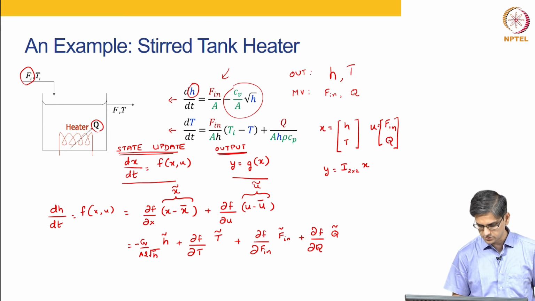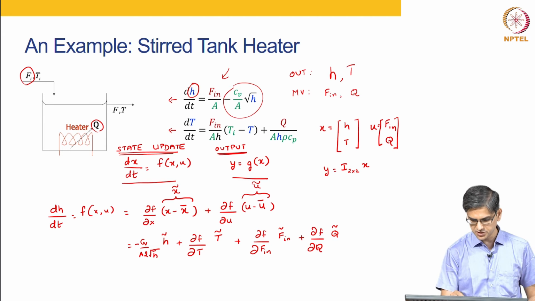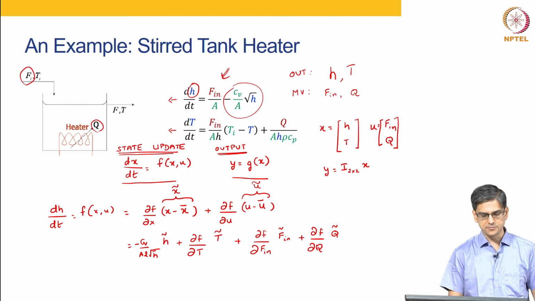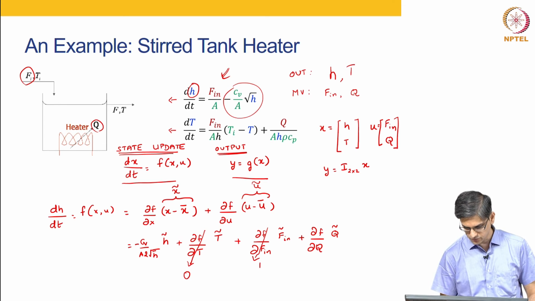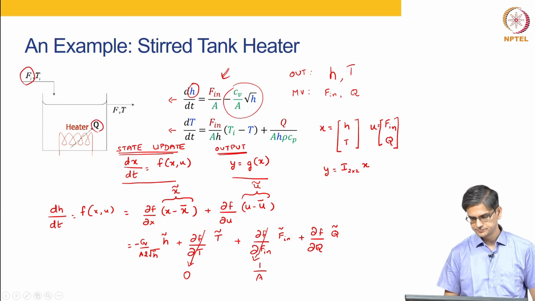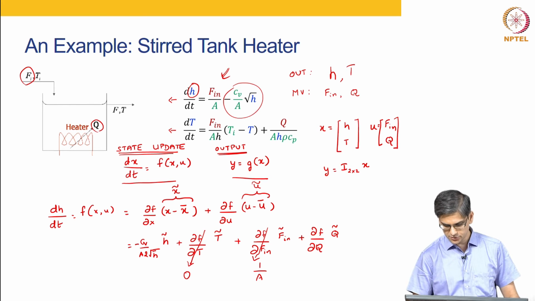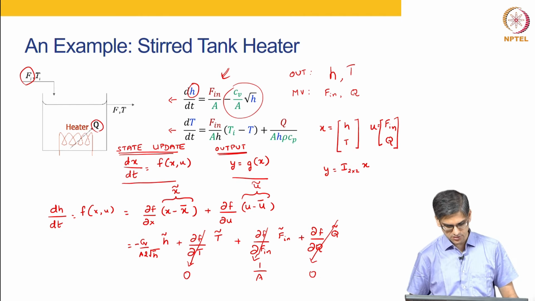So this becomes this. Now, if you look at this function over here, there is no temperature dependence. So this term becomes 0, okay. The Fn dependence is just 1 by A, okay, and the Q dependence is 0, okay.